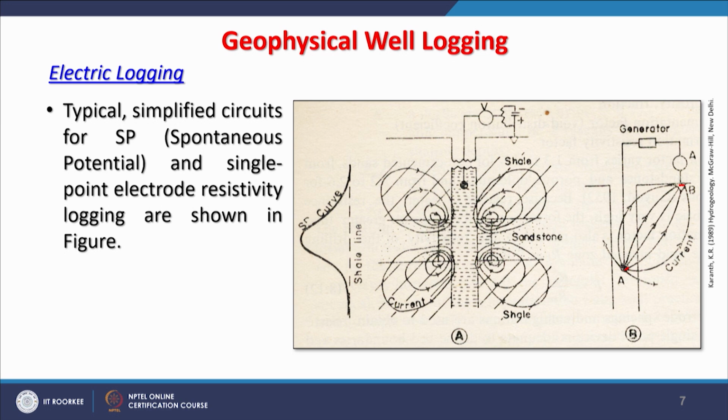Spontaneous potential or SP and single point electrode resistivity logging are shown here. The SP curve is generated, and once you see this side by side, when there is a peak in the SP curve, you find that you are getting a sandstone, and this sandstone is overlain or underlain by shale.